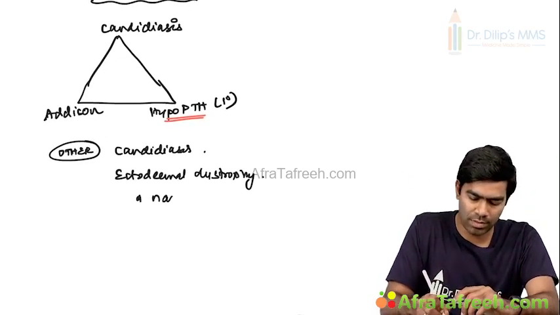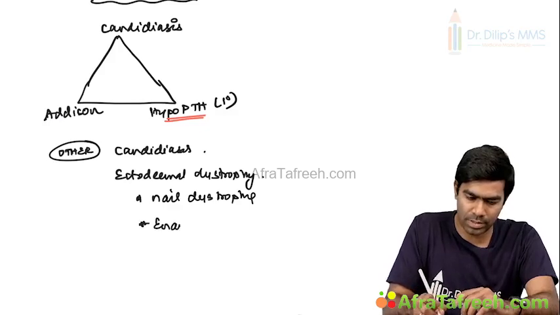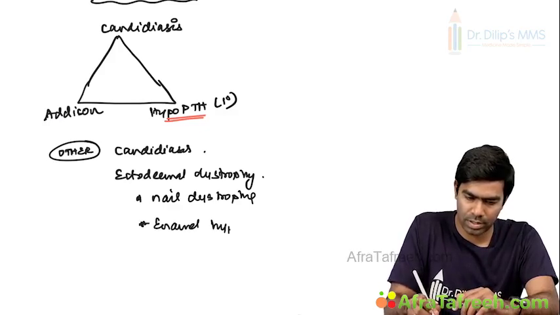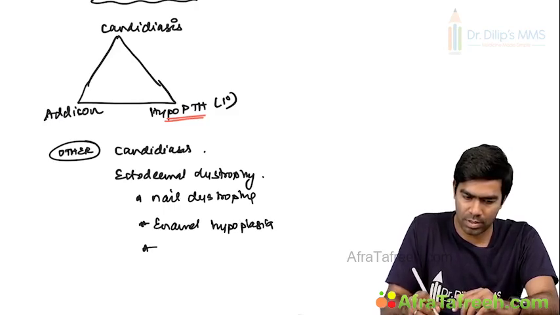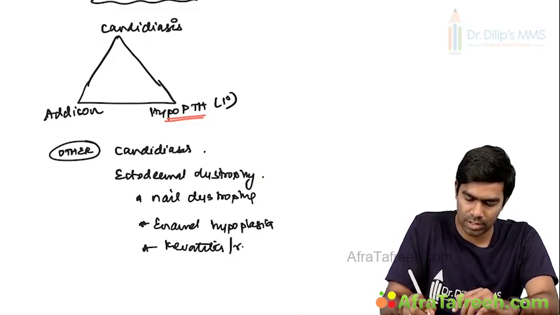These patients tend to have nail dystrophy, enamel hypoplasia, and keratitis and retinitis.